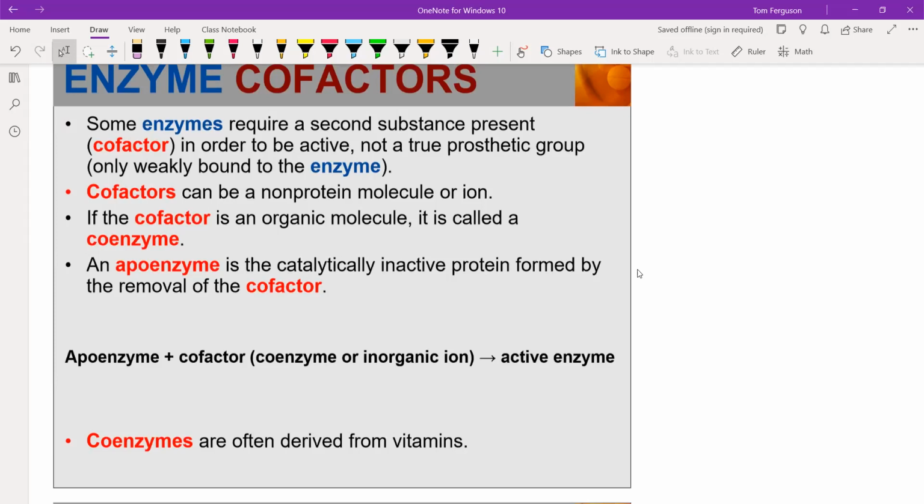Frequently, enzymes require something else besides itself to work. And these are called cofactors. And they can be lots of different things. They can be an ion, for example, with hemoglobin that needs iron or magnesium.